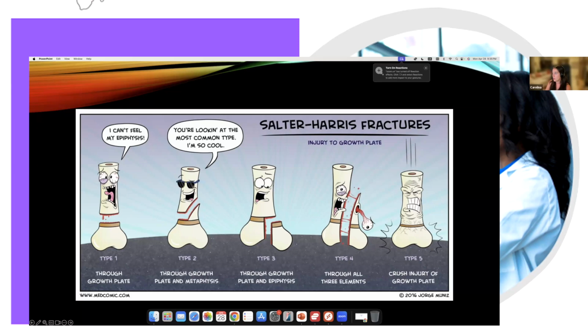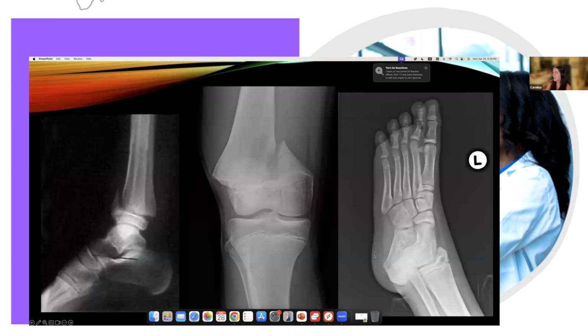There are some who don't necessarily believe it actually exists. It's very rare, but it's still there in the classification.